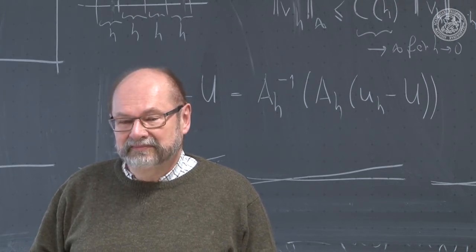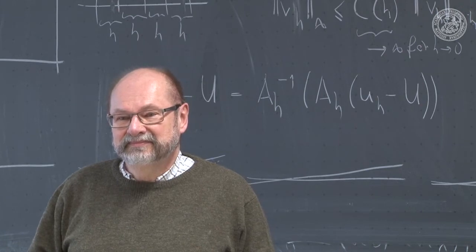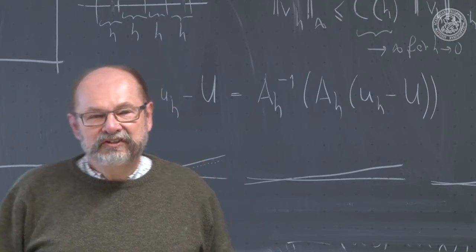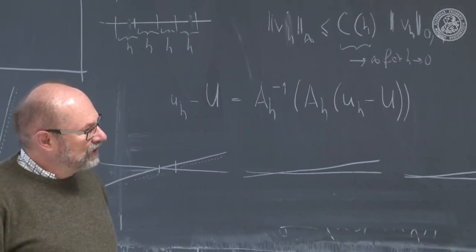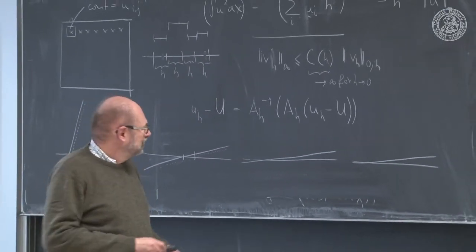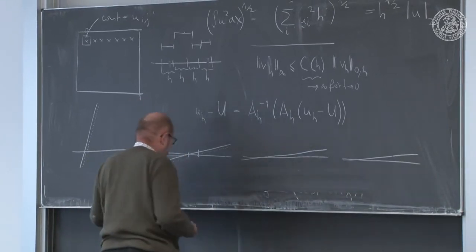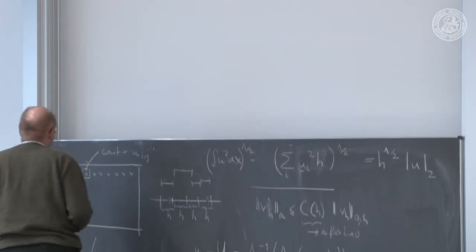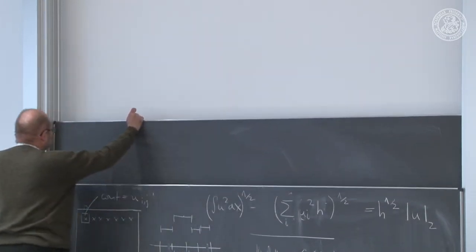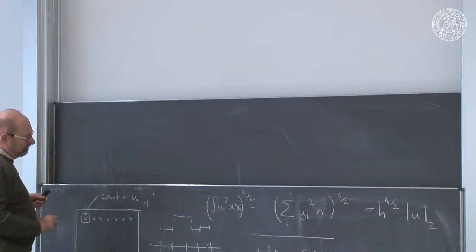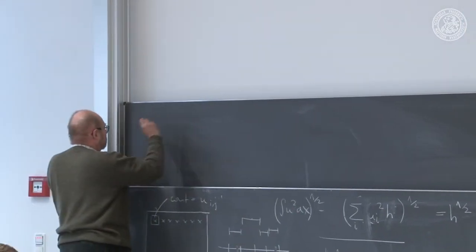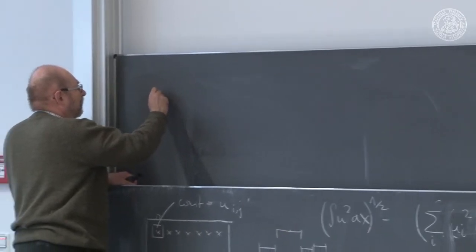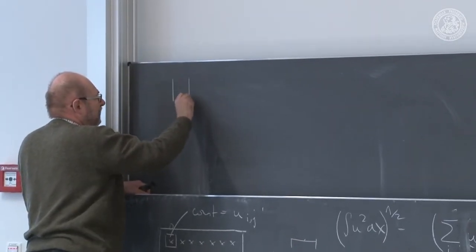It's the matrix norm which is induced and which fulfills this compatibility condition here. So I have an induced norm. I have a vector space, I have a norm in R^n, let's say.